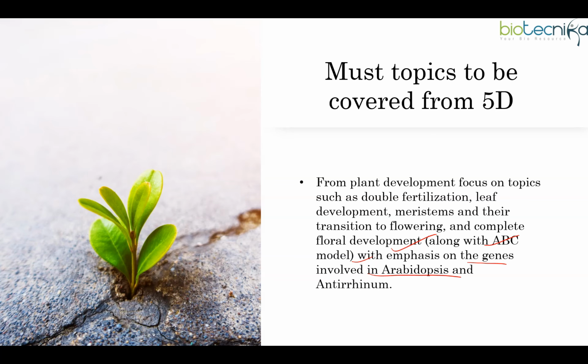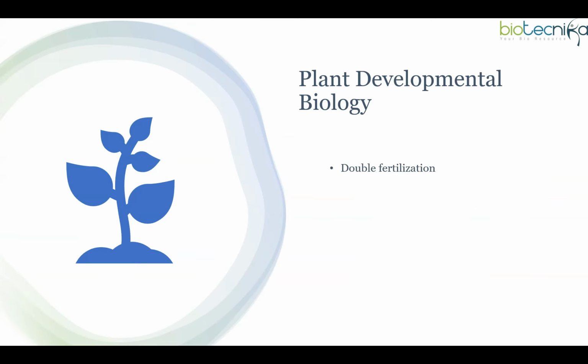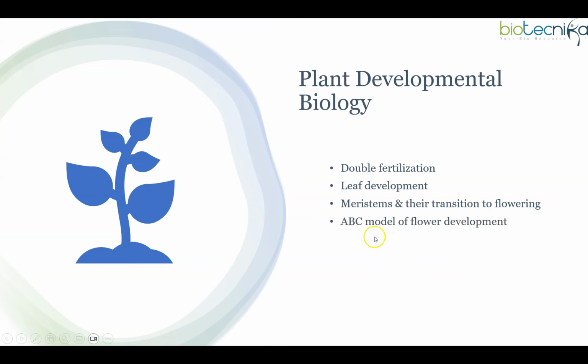Then the floral organ identity genes, every time question will be there, that is flowering in Arabidopsis. And sometimes there are questions on vernalization in flowering. Okay. So double fertilization, leaf development, meristems and the transition to flowering, ABC model, you can focus on all this from plant development.